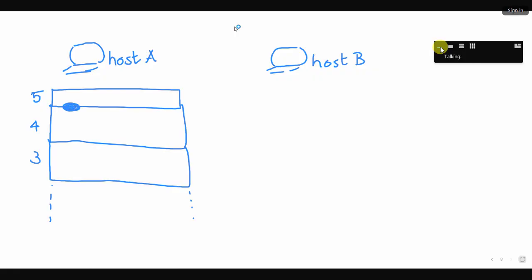And similarly, here also we have 3 layers.